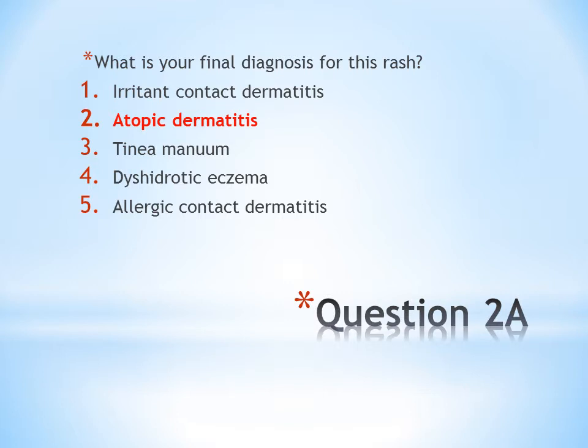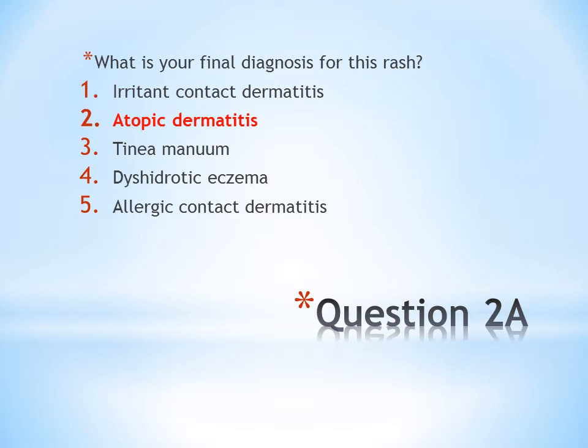Some of you might be surprised, because it could easily be an irritant contact dermatitis, perhaps, or an allergic contact dermatitis, because she does have some factors in her history that could lead you down those roads, such as that she's a waitress, which probably means that she has her hands in water a lot, and she might have exposure to chemicals at the restaurant that she might not be considering.